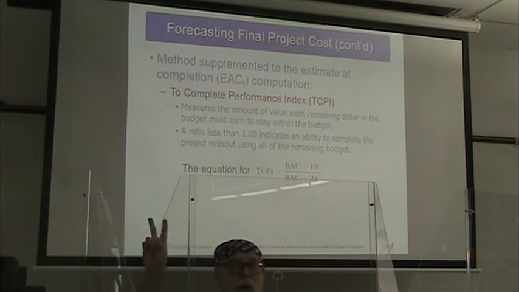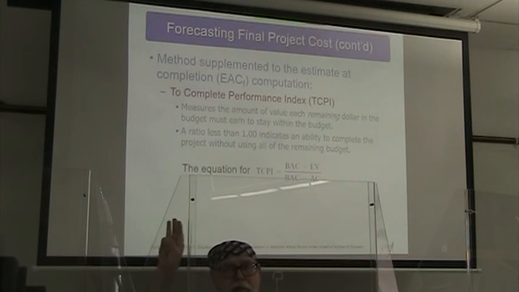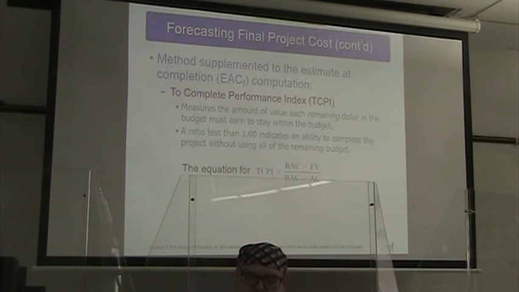We swear we won't. Scout's honor. So the to complete performance index is equal to the budgeted amount to complete minus the earned value, divided by the quantity, the budgeted amount to complete minus the actual cost.